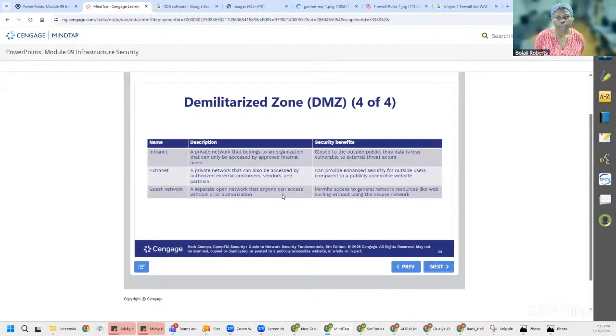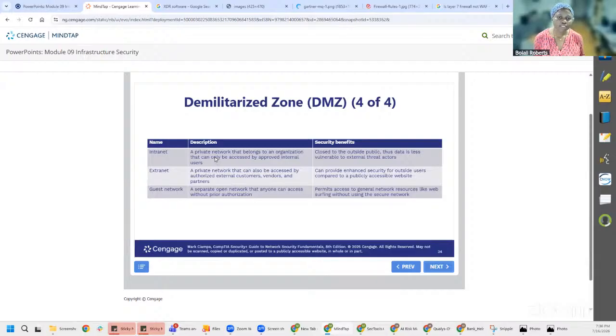All right. So the intranet is the internal network. The extranet is a private network where you put external facing applications, but for your customers or your vendors or your partners. It is totally different from your guest network or from the internet.